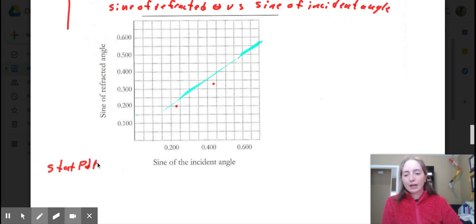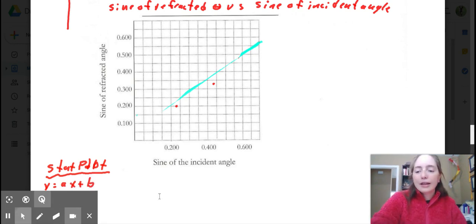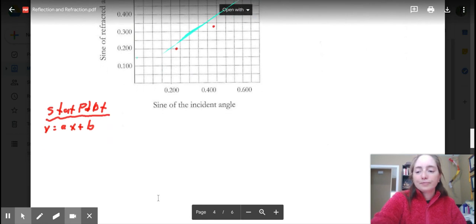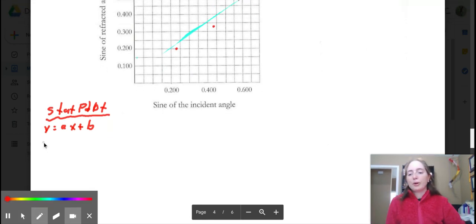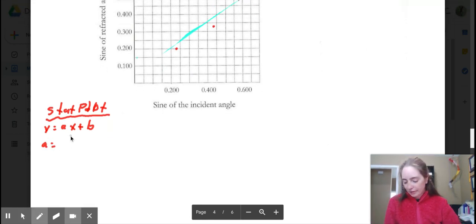So using your stat plot, you are going to get your values in your y equals ax plus b. You are going to get the value of a, which is the value of your slope, to be 0.8464. And you're going to get the value of b to be negative 0.0133.